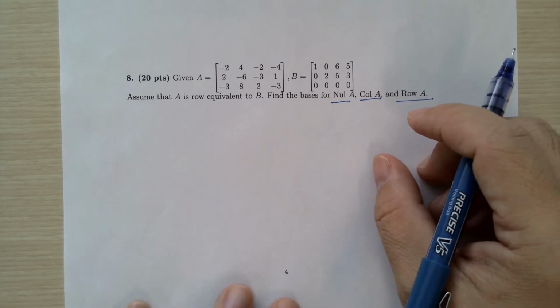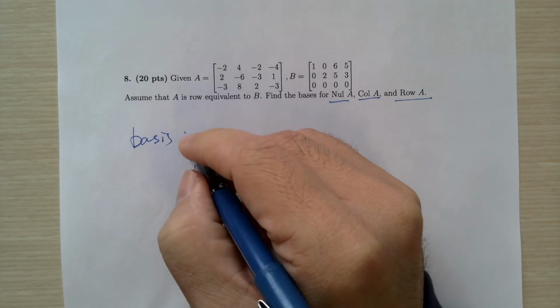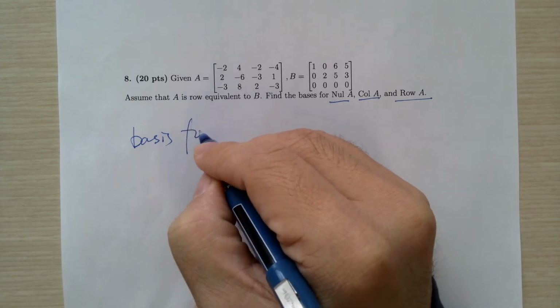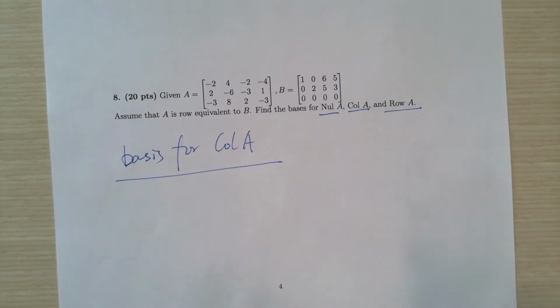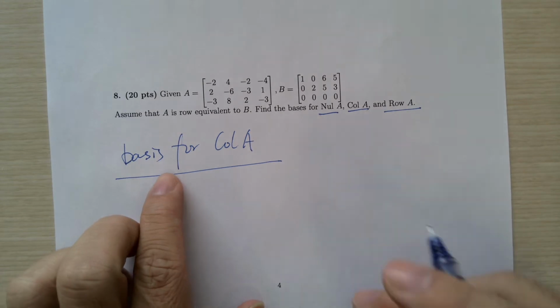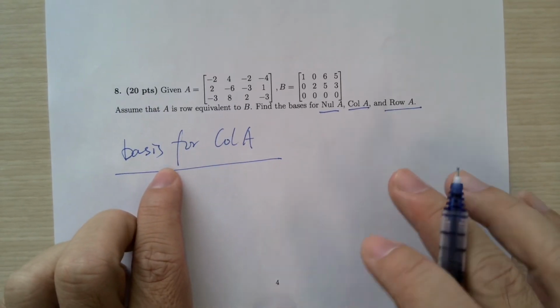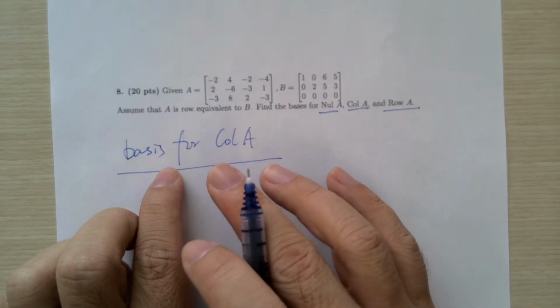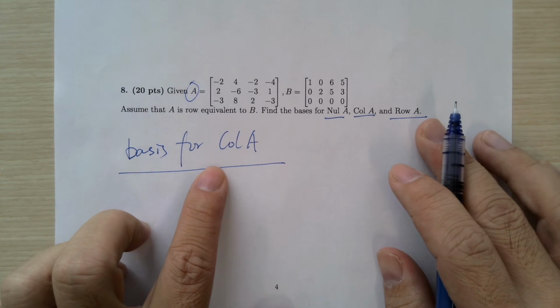When you're trying to find the basis for the column space, you need to be extremely careful. We write down this basis based on the columns from the original matrix A here.